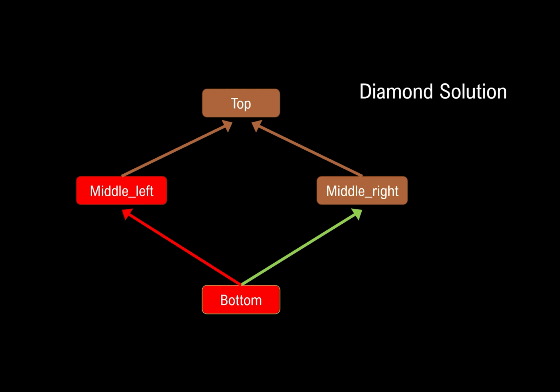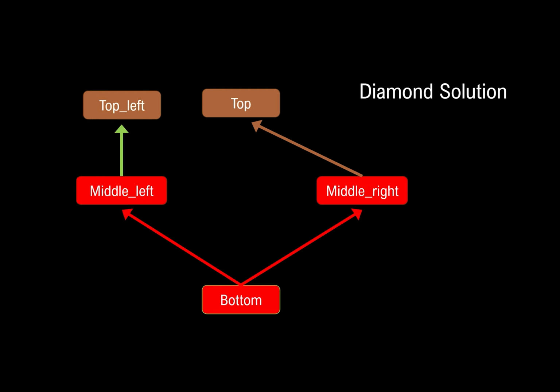And if middle left does not have the attribute or method that you're searching for, it then goes left to right, so it searches in the middle right class. And then if the method or attribute did not exist in that class, it then goes back to the middle left and searches vertically again, where it finds the method or attribute in top. Or if it doesn't find it, then it would return a not found error.